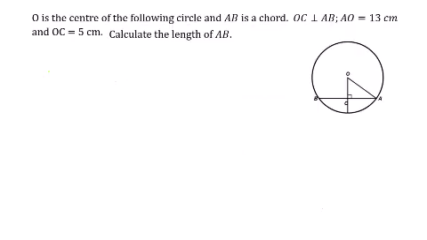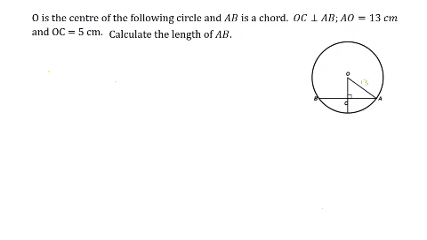Next, O is the center of the following circle and AB is a chord. OC is perpendicular to AB. AO is equal to 13 centimeter and OC is equal to 5 centimeter. Now let's write this information down on the screen. So OA is equal to 13 centimeters.